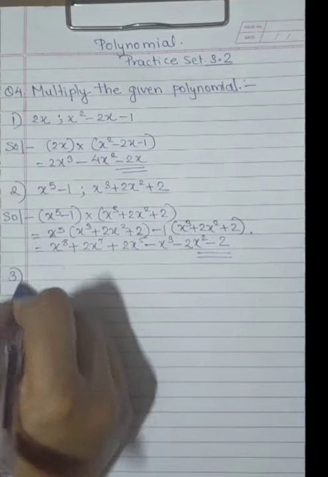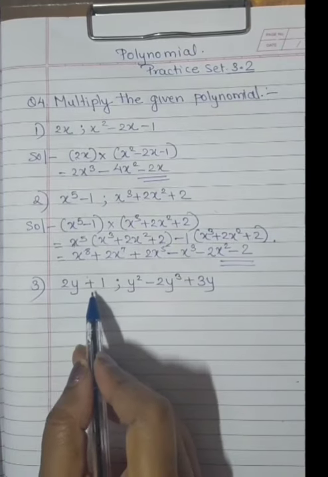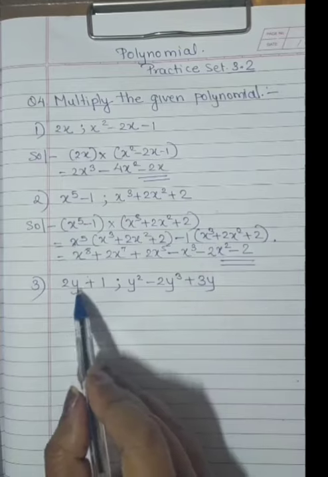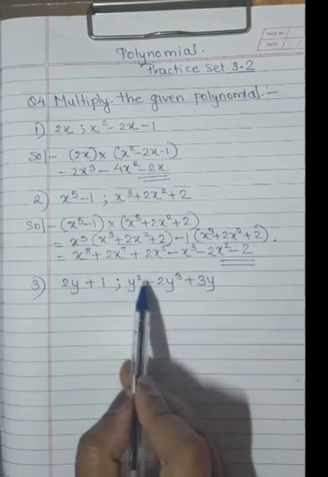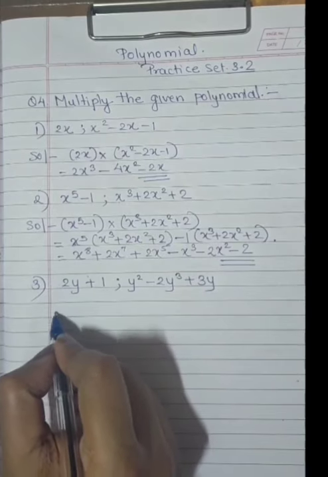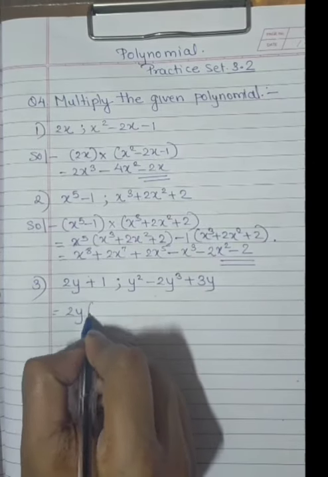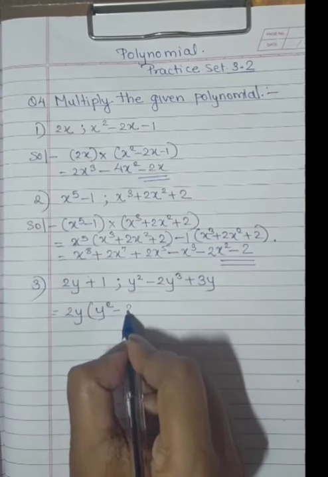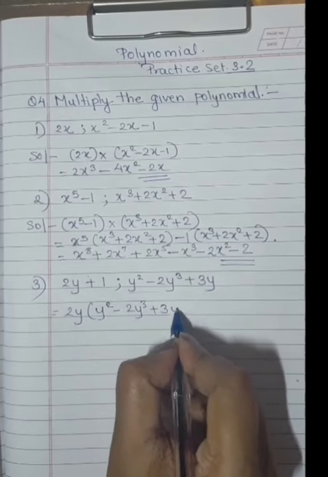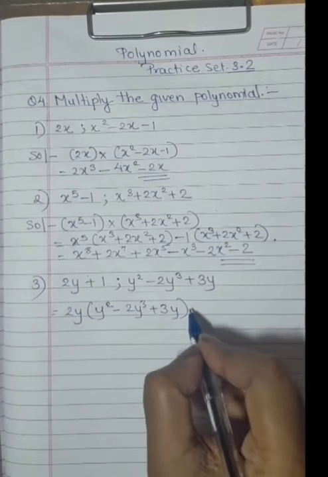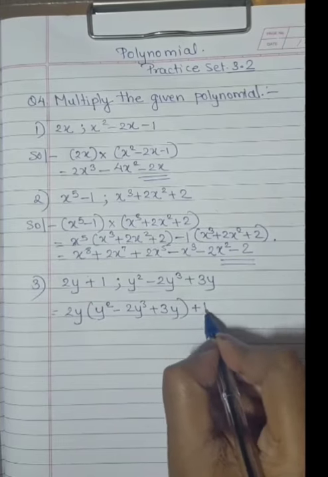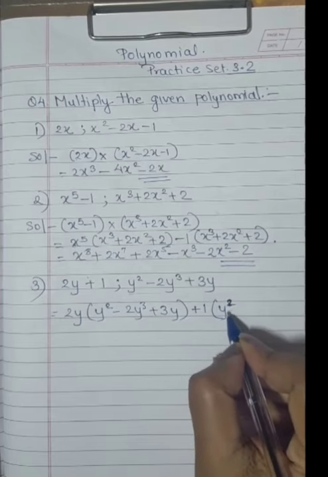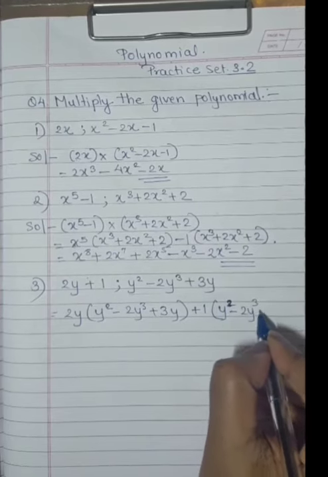I am writing the third one. The question is what? 2y plus 1 and y square minus 2y cube plus 3y. We have to multiply both. So I am writing here 2y, again this whole trinomial will come inside the bracket, minus 2y cube plus 3y, again this plus 1 will come here, again the same bracket will continue, y square minus 2y cube plus 3y.